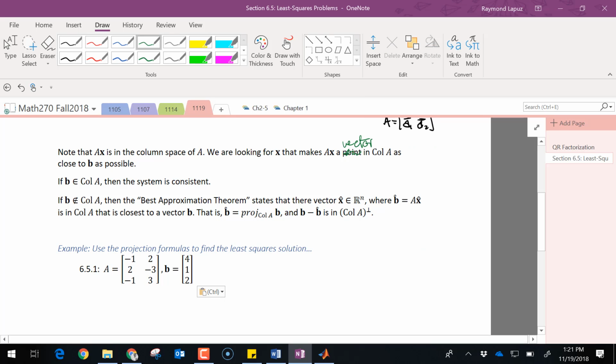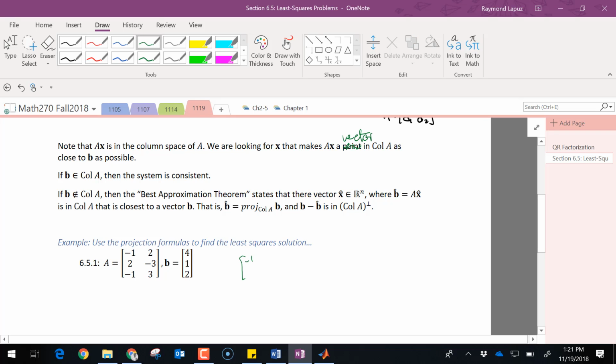Minus 1, 2, 2, minus 3, minus 1, 3, 4, 1, 2. This eventually gets RREF to 1, 0, 0, 0, 1, 0, 0, 0, 1. So if you imagine, it looks like just an identity, right?